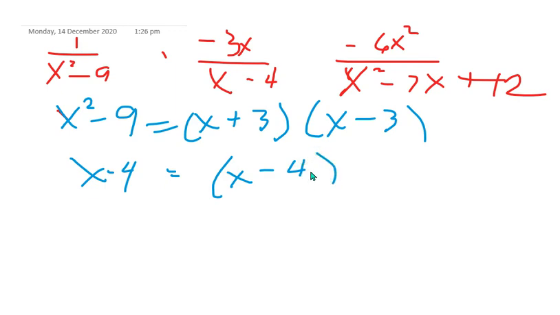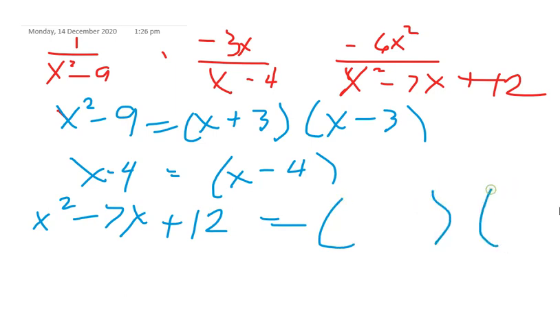And then x squared minus 7x plus 12. So the factor now is x minus 4, x minus 3.